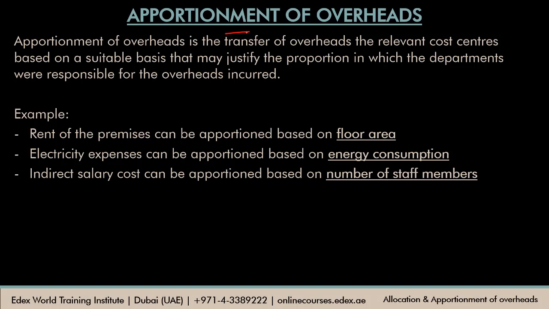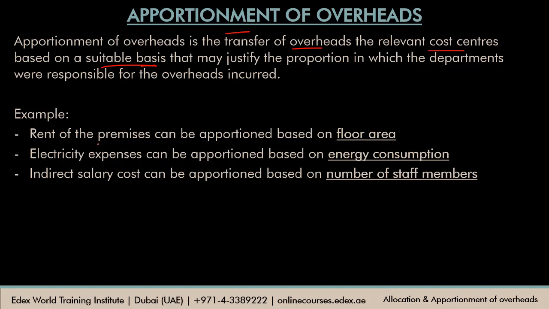No. It has to be apportioned to multiple cost centers or departments. So apportionment of overheads is the transfer of overheads to the relevant cost centers on a suitable basis. Where overheads cannot be allocated to one particular cost center, they have to be apportioned over multiple cost centers on a suitable basis.